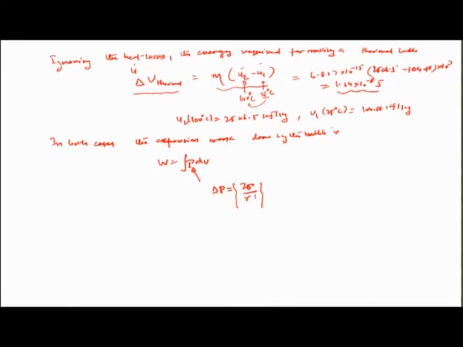So, the more the radius, the lesser would be the delta P and vice versa, and it is also dependent on the surface tension.